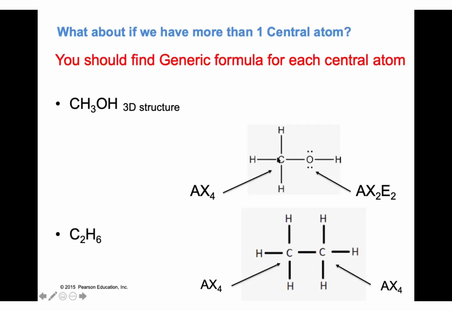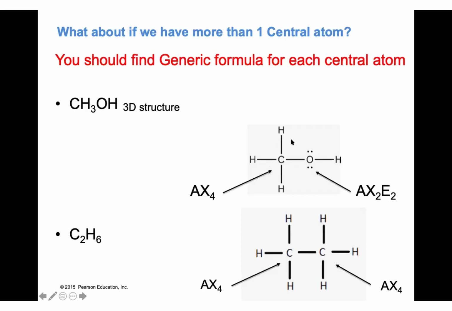Let's see, carbon is one central atom. Why? Because there is more than two elements around it. So one C and H, one C and H, one C and H, and one C and O. Oxygen here is a terminal atom for carbon.